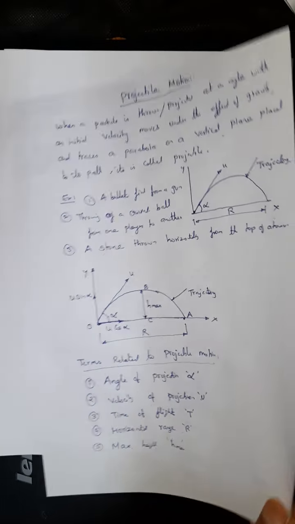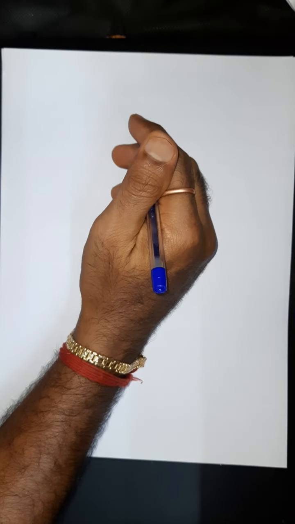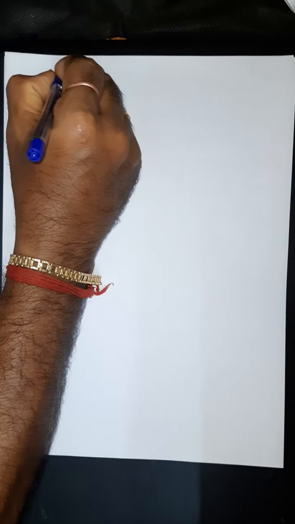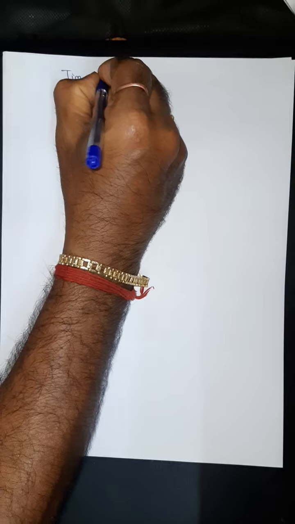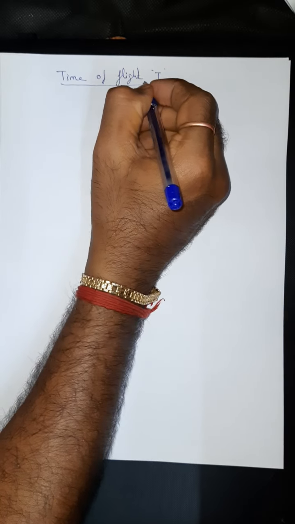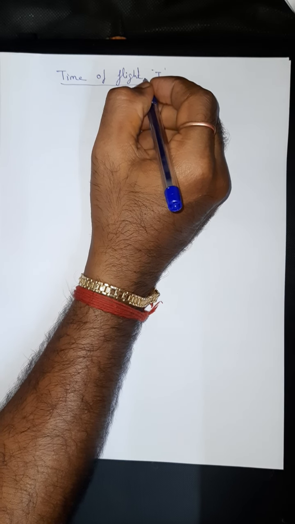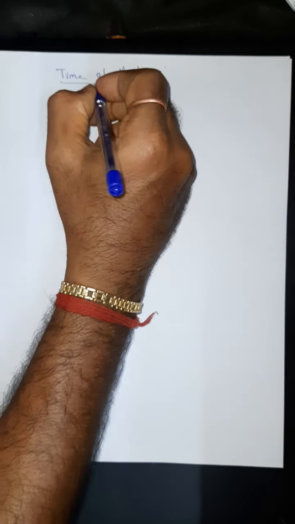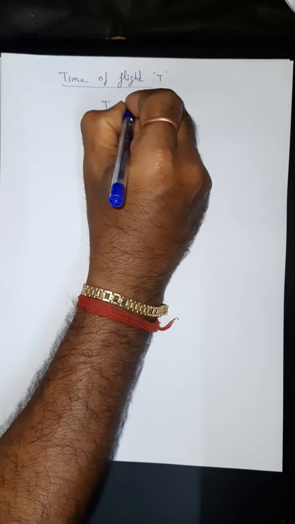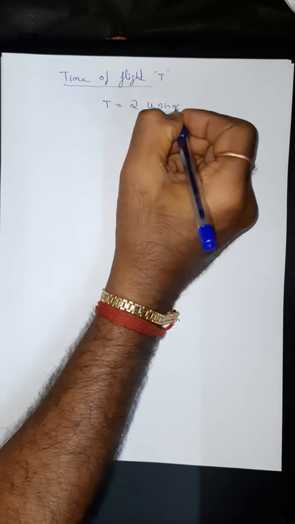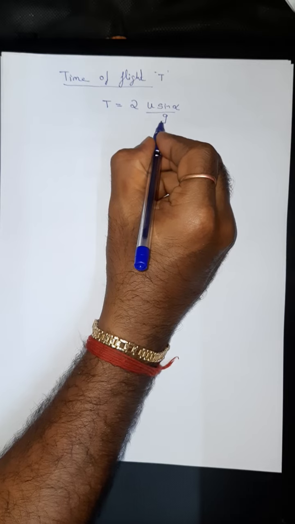Let me give some formulas to solve the problems. First, the time of flight, which can be denoted by small t or capital T. T is equal to 2 u sin alpha by g, where g is the acceleration due to gravity.